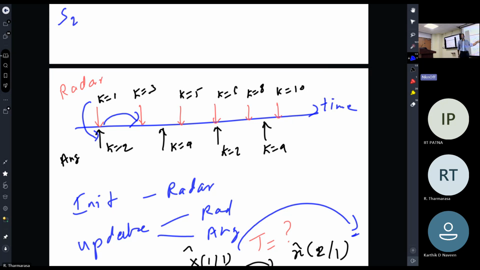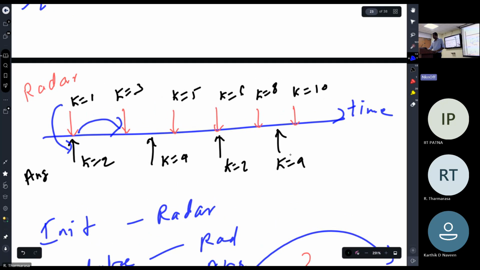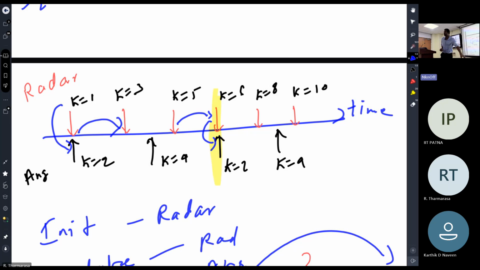You go here, update with the angle only, and continue. Okay. So at this point again, when you reach here, again, you go this way. Go here, then here. Right? So this is the sequential update method.